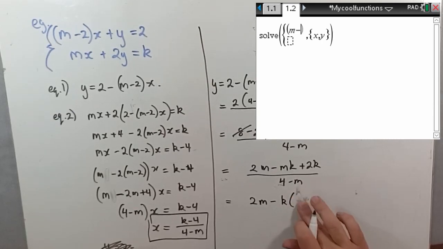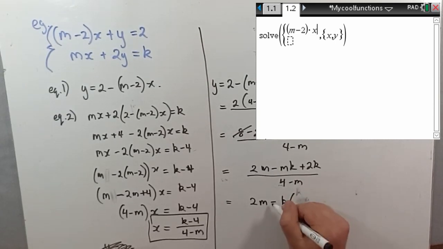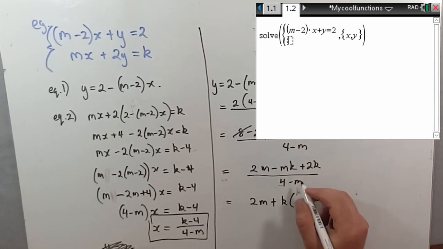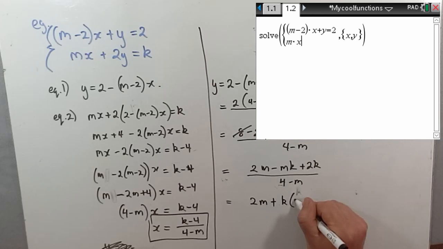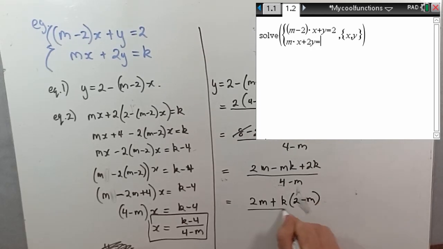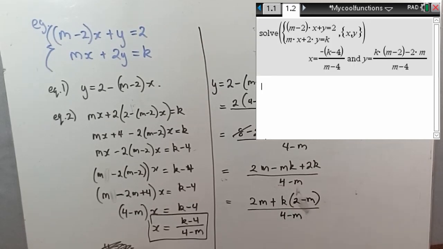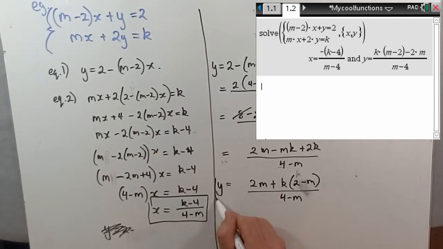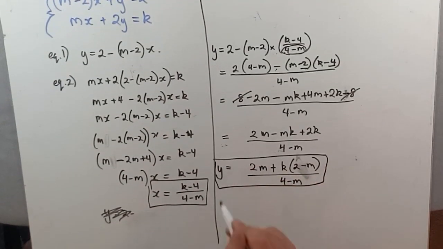Oh no, because I've got the minus out the front. Damn. Okay, so let's make that plus, and then go 2m plus k, 2 minus m. There we go. Over 4 minus m. This is our y. I think that's as simple as I can get it.